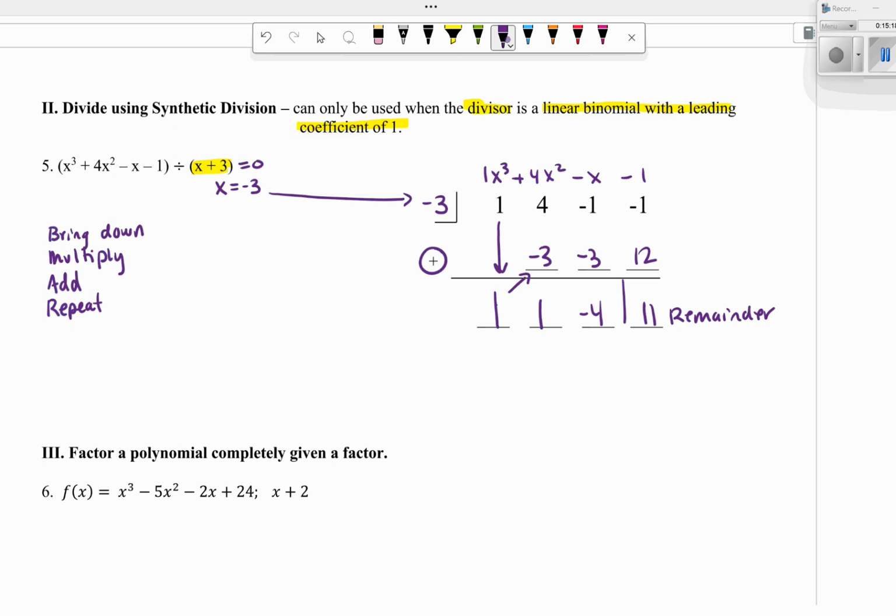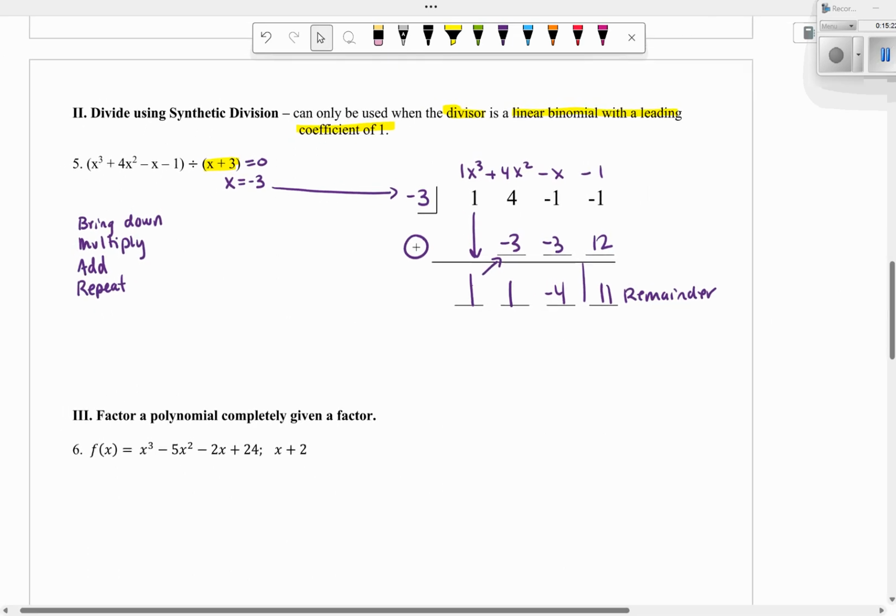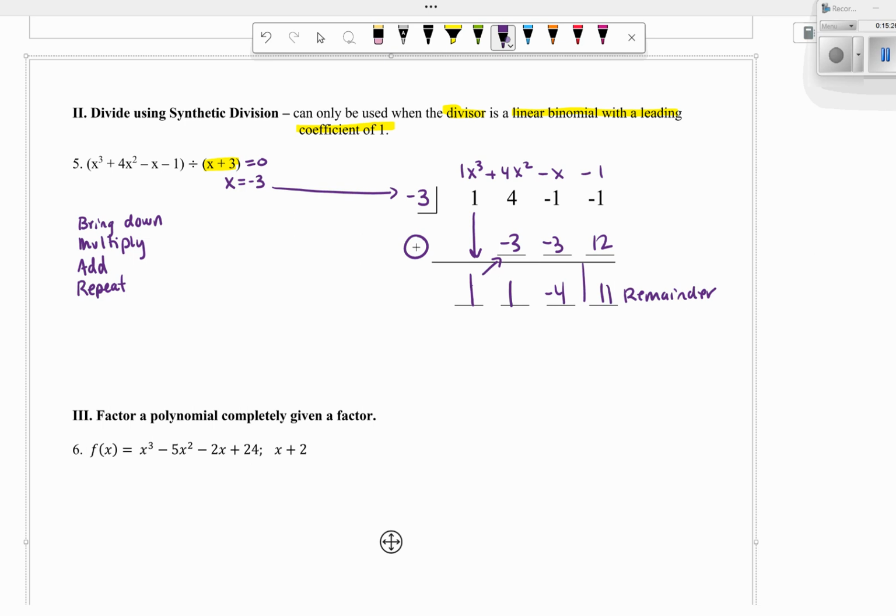Now, remember when you're dividing these, your answer is always going to be 1 less degree than your dividend. That's because you're taking x cubed plus 4x squared minus x minus 1 and dividing it by x plus 3. If you think about dividing the first terms, you're going to start off with something that's quadratic in this case because the degree difference is 1.